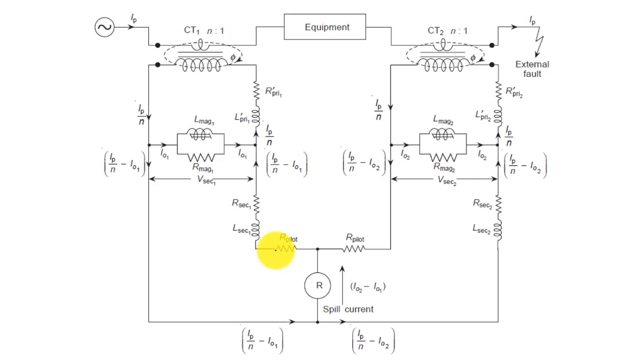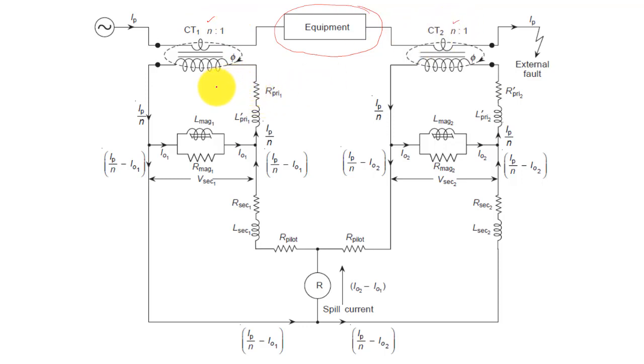So we can see here a differential scheme which considers the CT equivalent circuit at both ends. This is the equipment under protection, protected by the differential scheme, and at both ends we have two CTs connected with ratio n:1.